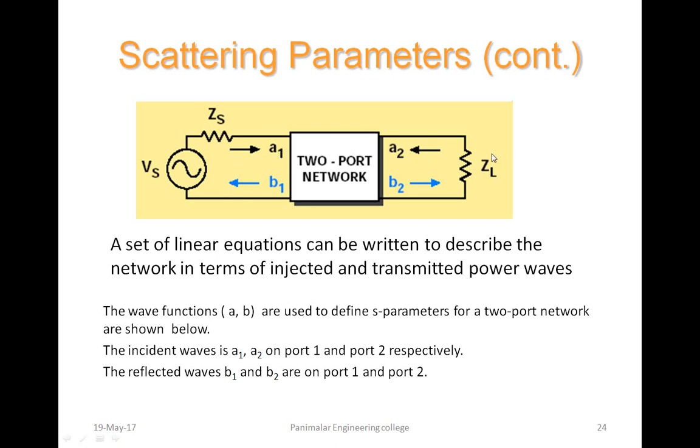And port 2 is connected to the load impedance, and the incident wave is represented as A2, and the reflected wave is represented as B2, which is again opposite in its direction. So, in a nutshell, the incident waves are A1 and A2. The reflected waves are B1 and B2 at their respective port 1 and port 2.